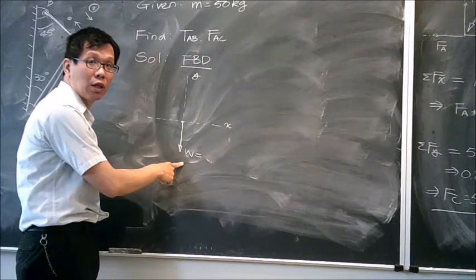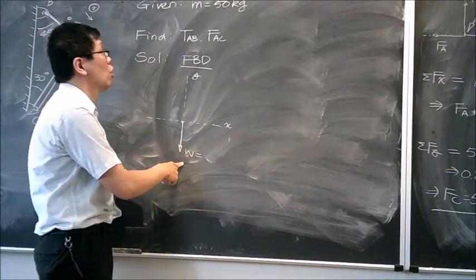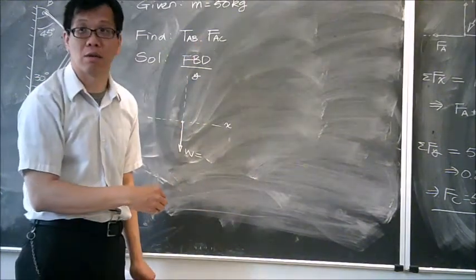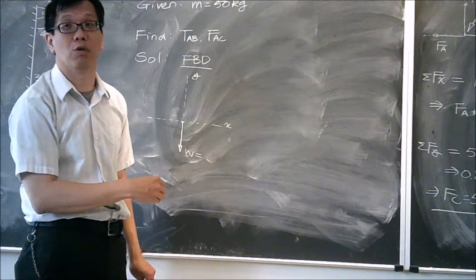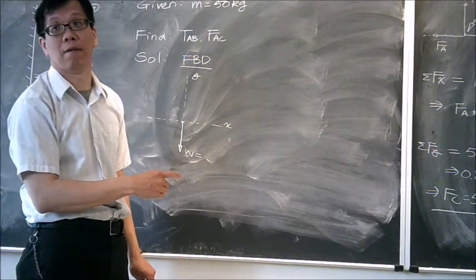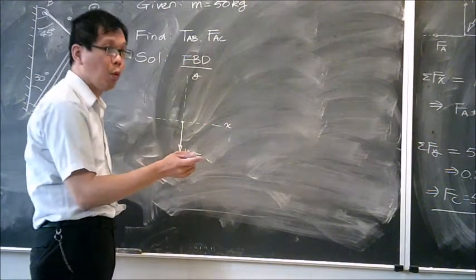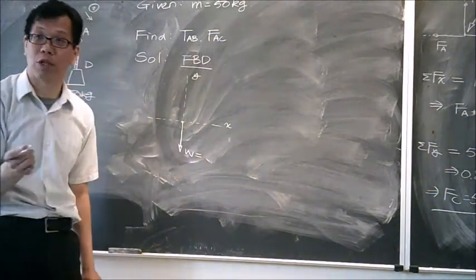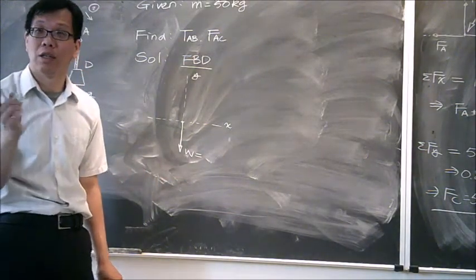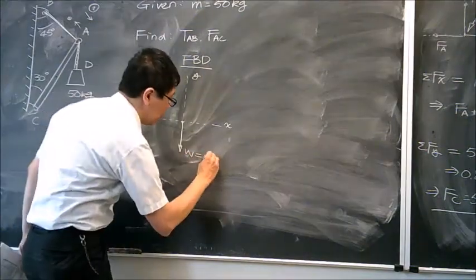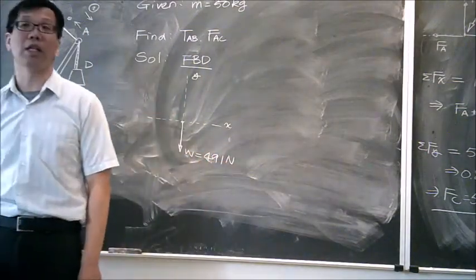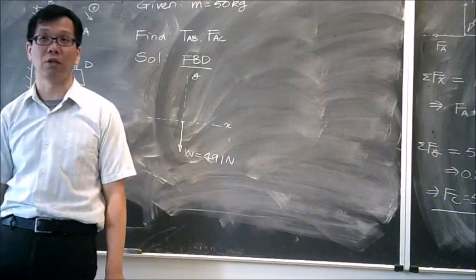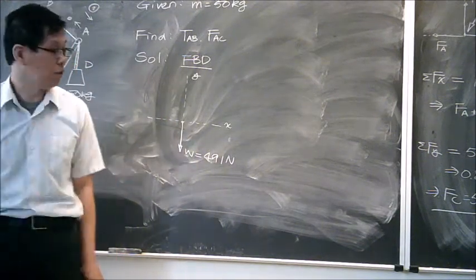English or metric? Metric. So the 50 kilogram, is that mass or is it a force? When it's a mass, what do we need to do? Multiply by gravity. What is the gravity in metric units? 9.81. So 50 multiplied by 9.81 is going to be 491 newton.